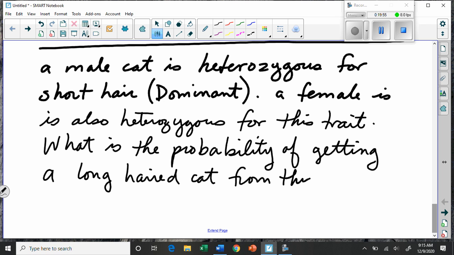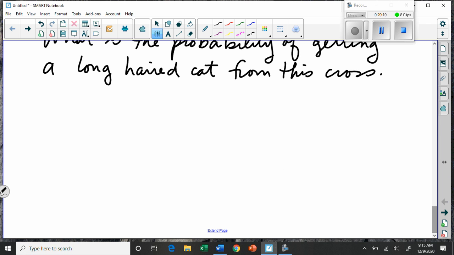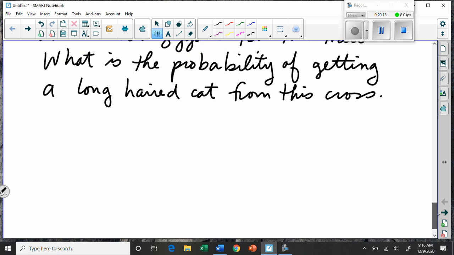So we're a cat breeder. We're going to have these two cats, we're going to breed them, and we want to know what's the probability of getting a long-haired cat out of this. Okay? So, again, what we do is we determine the allele letters that we're going to use.